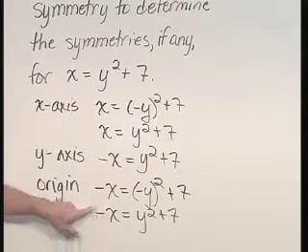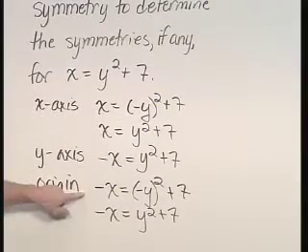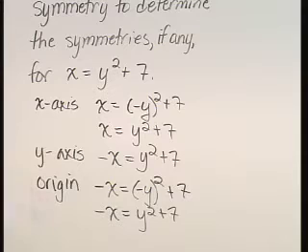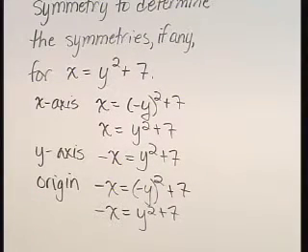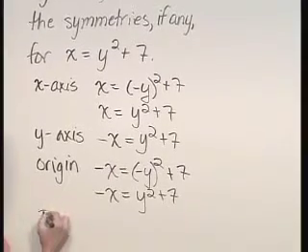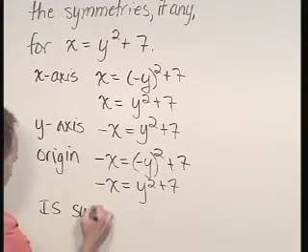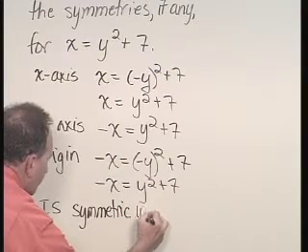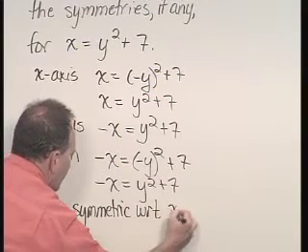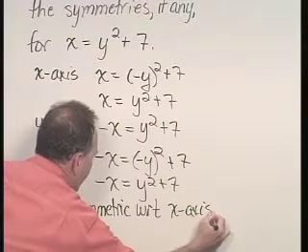When we compare that with the original equation, it is not equivalent to it, so therefore it's not going to be symmetric with respect to the origin, and therefore we say that it is symmetric with respect to the x-axis.